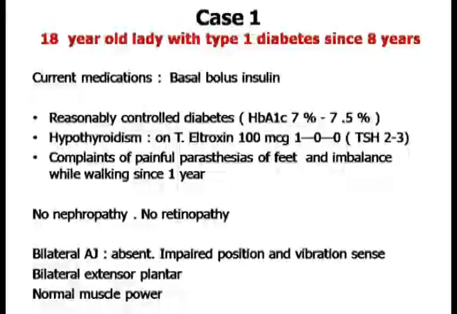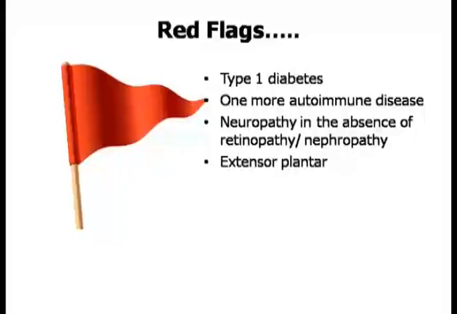This is a patient who has come to you, and this is the time when you examine a patient with diabetic neuropathy or potential diabetic neuropathy: you need to look at the red flags. That's the reason why you should refer certain cases and keep certain cases with you. So what are the red flags in this patient? She is a younger patient who is not supposed to have that higher risk of neuropathy, having type 1 diabetes, and she has one autoimmune disease.